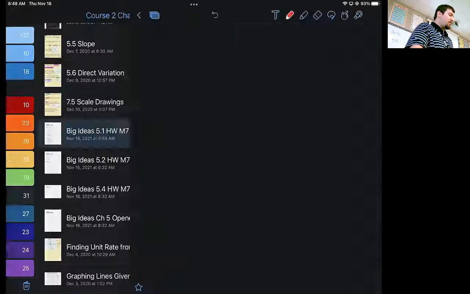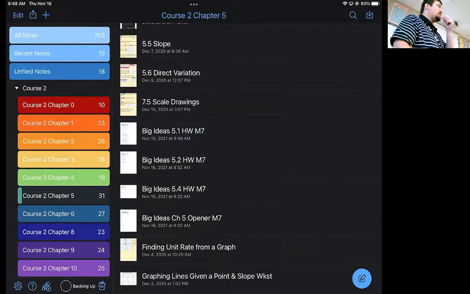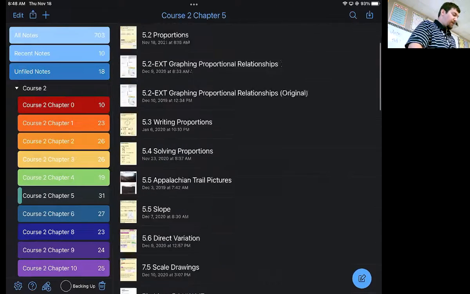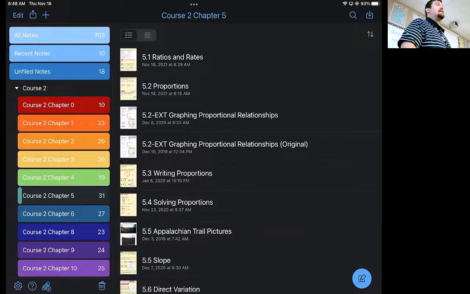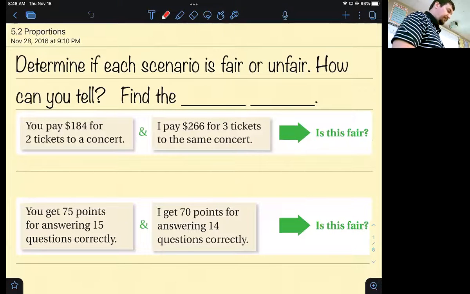Okay, you need to finish that homework for tomorrow. And now we're going to fly through what may be the easiest section in the chapter, section 5.2. Please get the notes downloaded from Google Classroom.